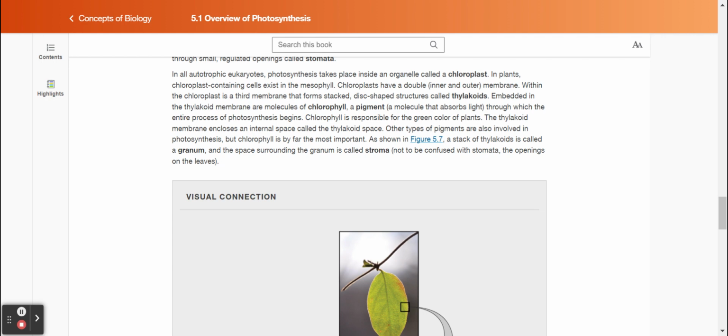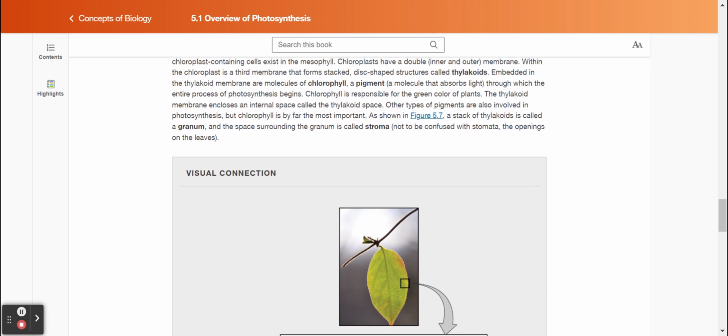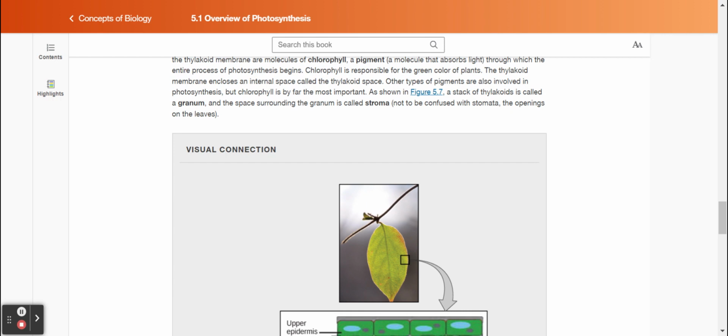The thylakoid membrane encloses an internal space called the thylakoid space. Other types of pigments are also involved in photosynthesis, but chlorophyll is by far the most important. As shown in Figure 5.7, a stack of thylakoids is called a granum, and the space surrounding the granum is called stroma, not to be confused with stomata, the openings on the leaves.